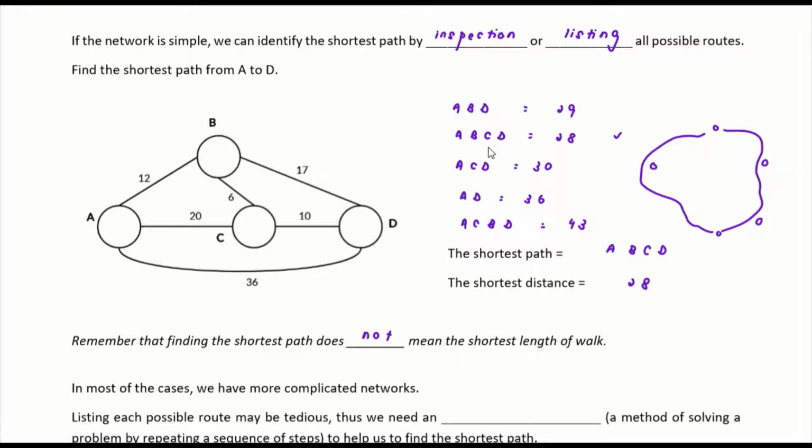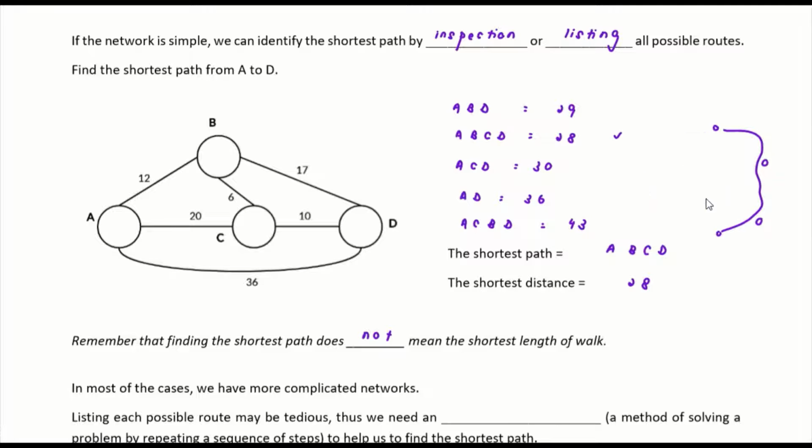This road has a length of walk of 3, which is the maximum compared to the others, which have only 1 and only 2. But in this case, it gives you the minimum distance. So that's why this is the shortest path that you want to take. Okay, so please remember that the shortest path is not the same as the shortest length of walk.